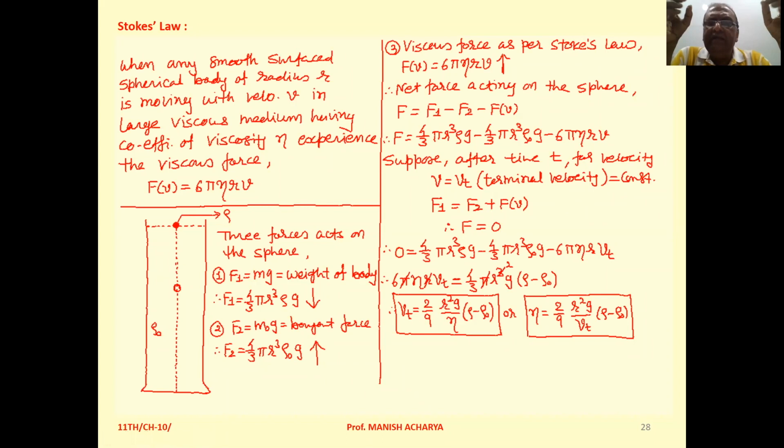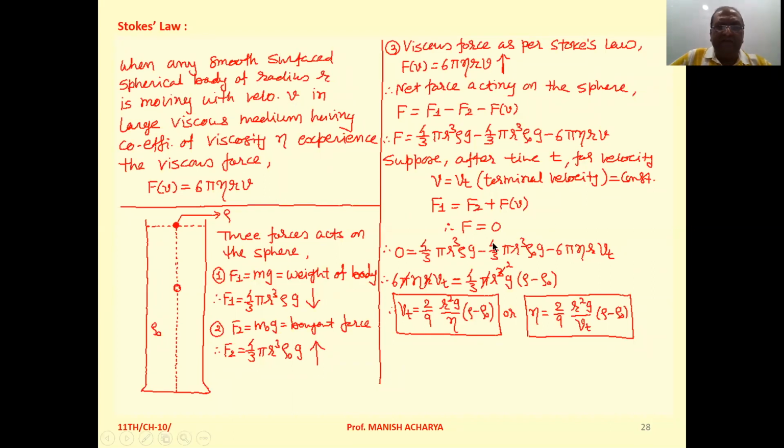Now, suppose any smooth surfaced spherical body is moving in a stationary or steady fluid, or we can say liquid. Then its motion will also be opposed due to viscosity. How?